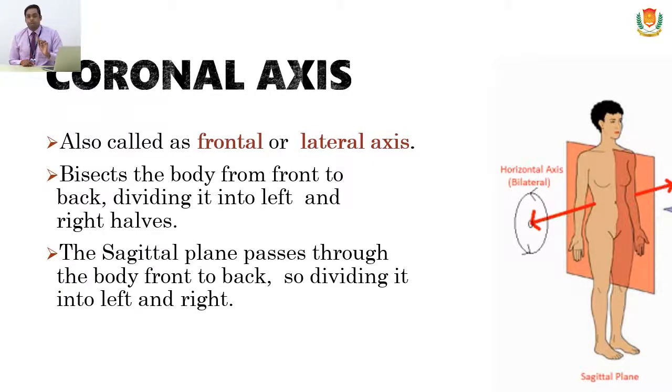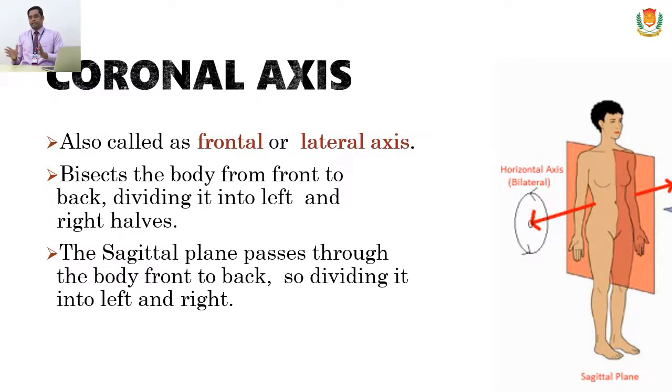Just because it passes from one side to the other side, this axis is also known as the medial-lateral axis, because of the position or the areas that it covers while it passes. Although it's an imaginary line, it has been named after the area that it covers. So it passes from the medial aspect to the lateral aspect. That is why it is also known as the medial-lateral axis.